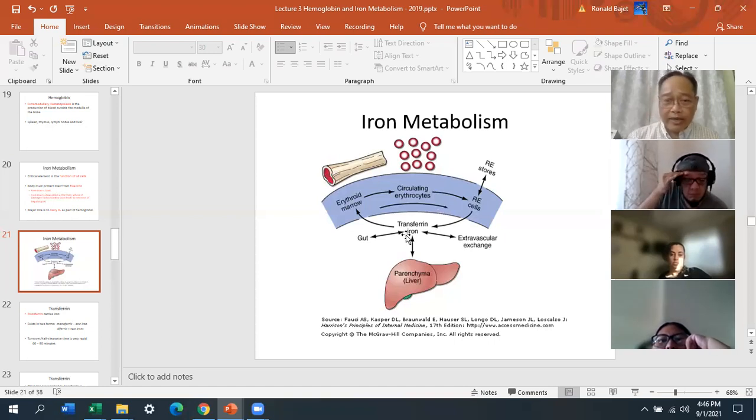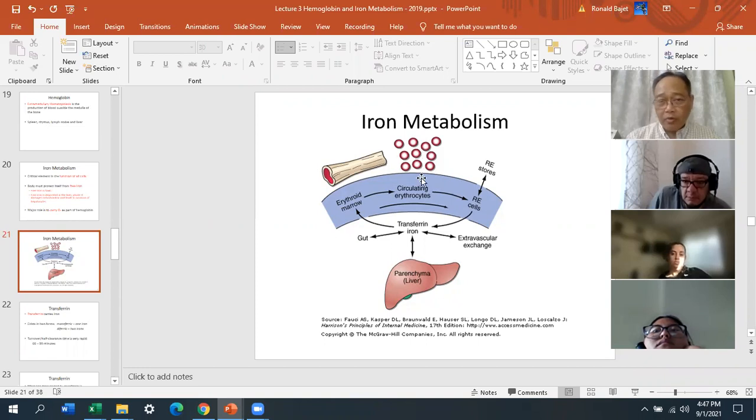What it's doing is taking transferrin that is carrying iron from the reticuloendothelial stores. So let's start over here. It receives iron from transferrin into your erythroid marrow. Iron goes to your erythroid marrow, goes to the factory, and the factory will produce red blood cells.